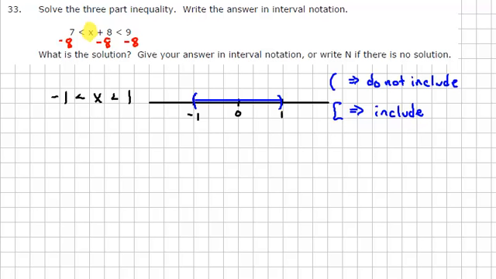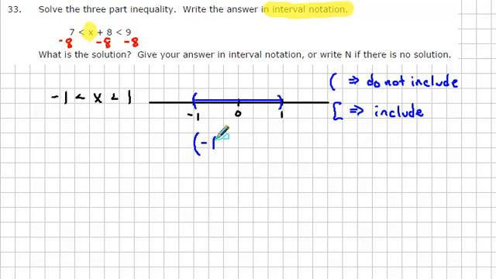Right, now our exercise specifically says to write the answer in interval notation. Interval notation mimics the notation that we see on the graph. As we look at the graph from left to right, the first number that we encounter on our solution set is negative 1. So for the interval notation, we'll first of all write down the number negative 1 and we'll put parentheses to mimic the notation.